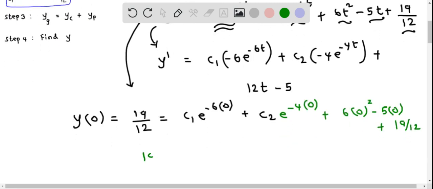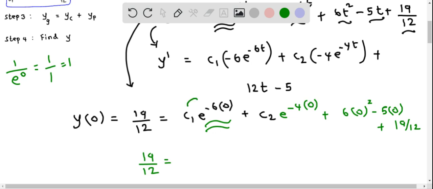On the left side we have 19 over 12, and this equals, remember that e raised to the power of negative 0 is equal to e raised to the power of 1 over positive 0, and 1 over positive 0, that is e to the power 0, is 1. So wherever we have e raised to the power of negative 0, we can write that as 1.